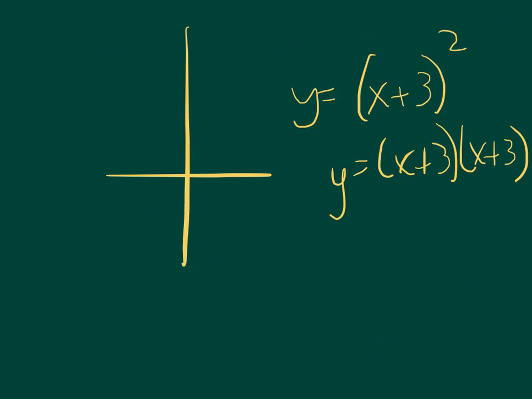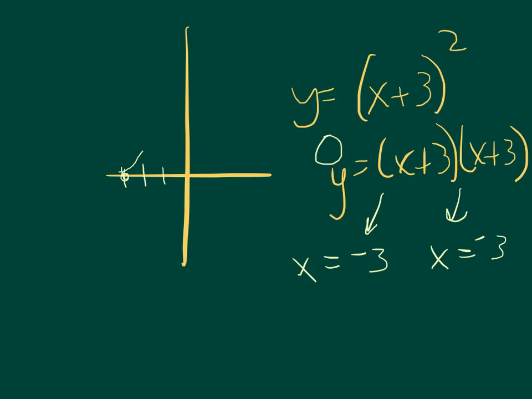So when you have a perfect square trinomial, you can look at it here and notice that when you factor it, you can figure out your x-intercepts when y is equal to 0: here x is equal to -3, and here x is also equal to -3. So you're sitting here at -3, and that's your only x-intercept.